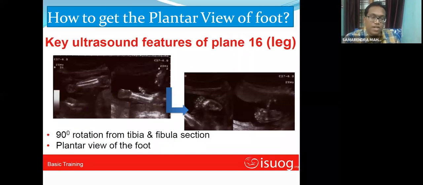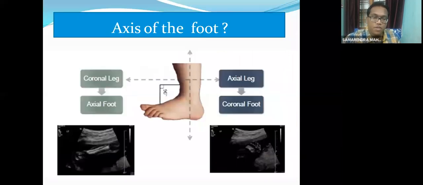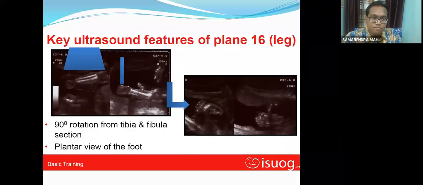So if we rotate 90 degrees, we will get the plantar view of the foot, because when we are in the coronal axis of the leg, what we will get is the axial view of the foot. If we rotate 90 degrees, we will get the coronal view of the foot, and if we ascend upward, we will get the axial view of the leg.